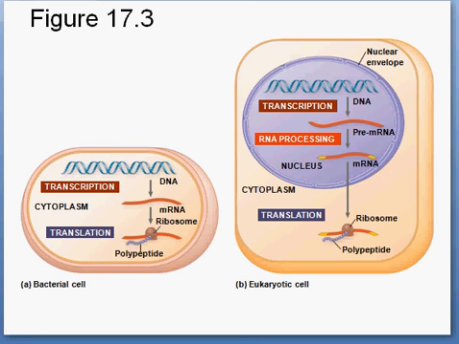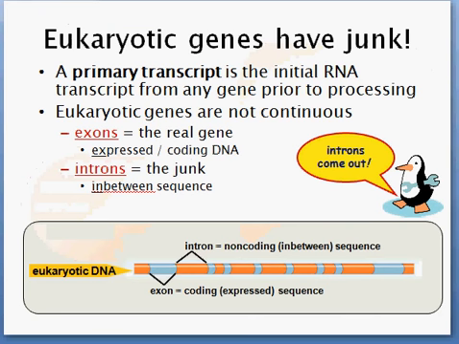And part of the reason for this is eukaryotic genes have junk, which is kind of interesting. I think that idea of it being junk is kind of going by the wayside as we learn more and more about what's involved in the non-coding sequences in a messenger RNA that we call the introns. So eukaryotic genes are not continuous.